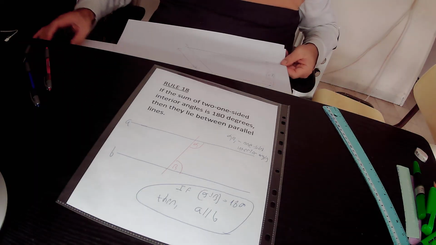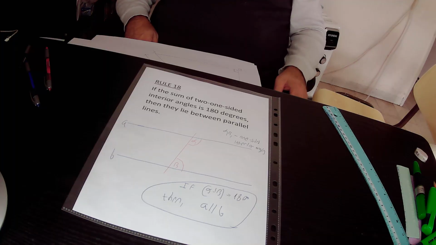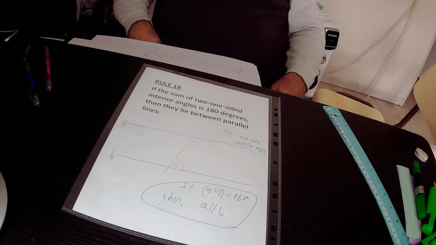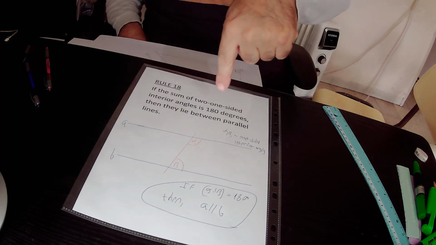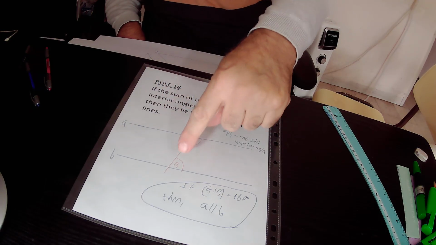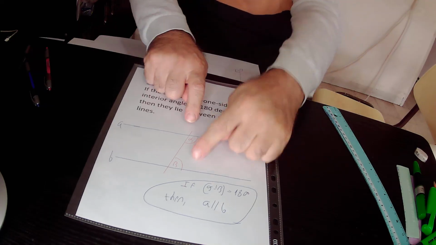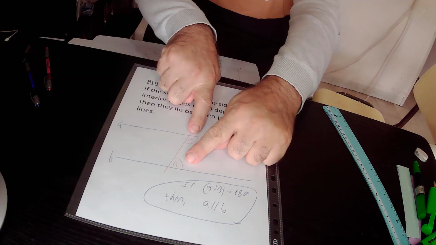According to rule 18, if the sum of two one-sided interior angles is equal to 180 degrees, then they lie between parallel lines. In the drawing we have line A, line B, and this is line C that cuts the two other lines A and B at those two points. Those two angles, alpha and beta, are both defined as one-sided interior angles.